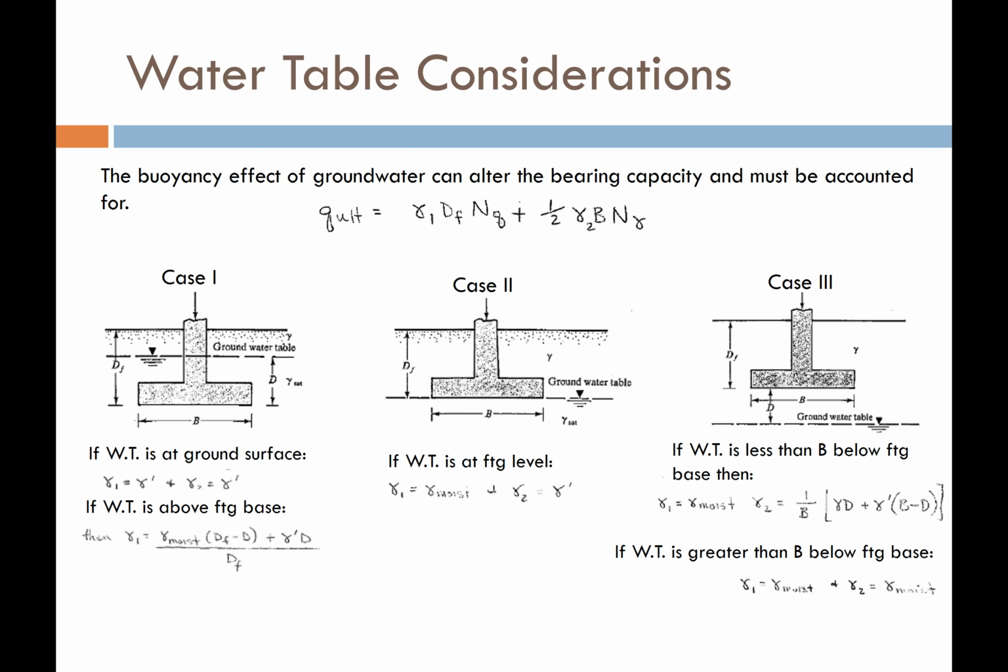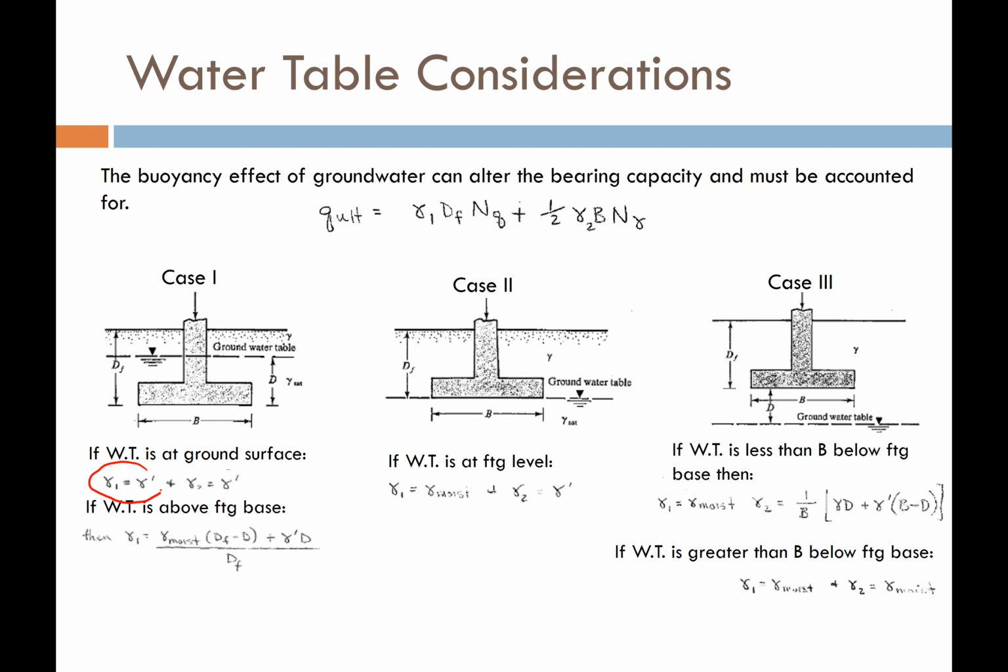Now, I have 3 different cases of where my water table can be. What if, in case 1, my water table is above the bottom of my footing, but it's not all the way to the ground surface yet? So it's somewhere between the ground surface and the bottom of my footing. Well, if the water table did happen to be at the ground surface, it would be easy.